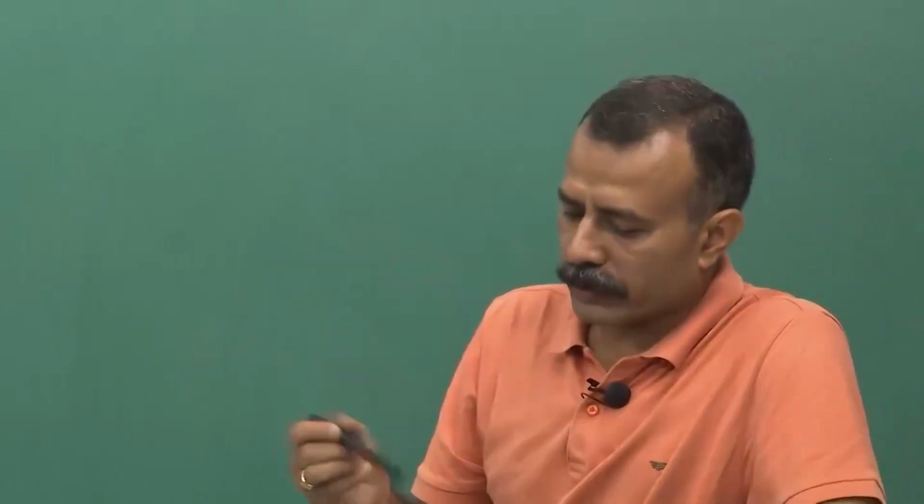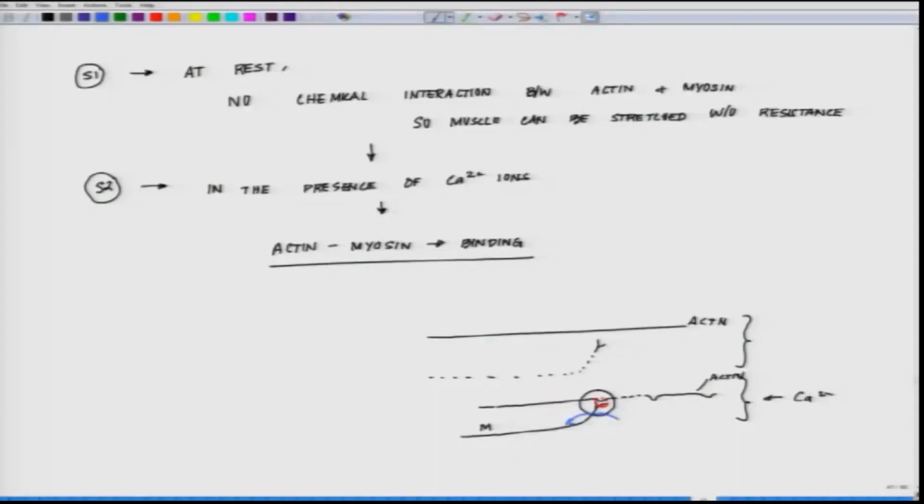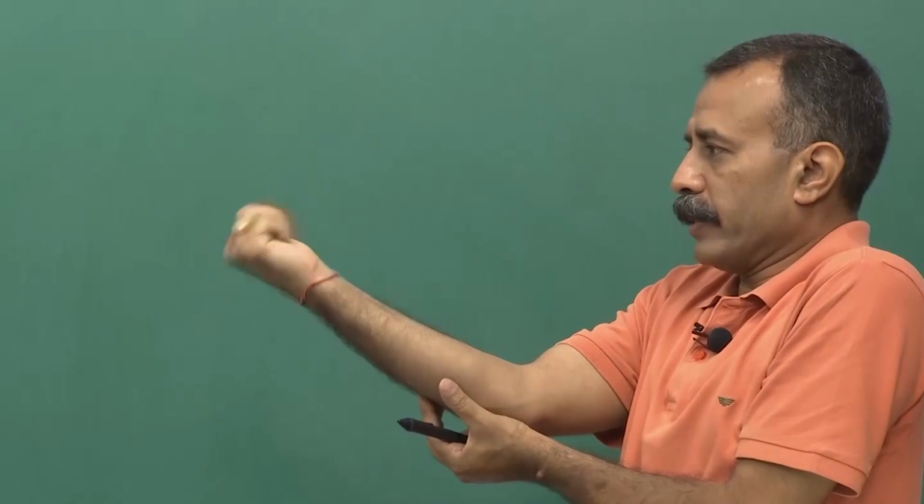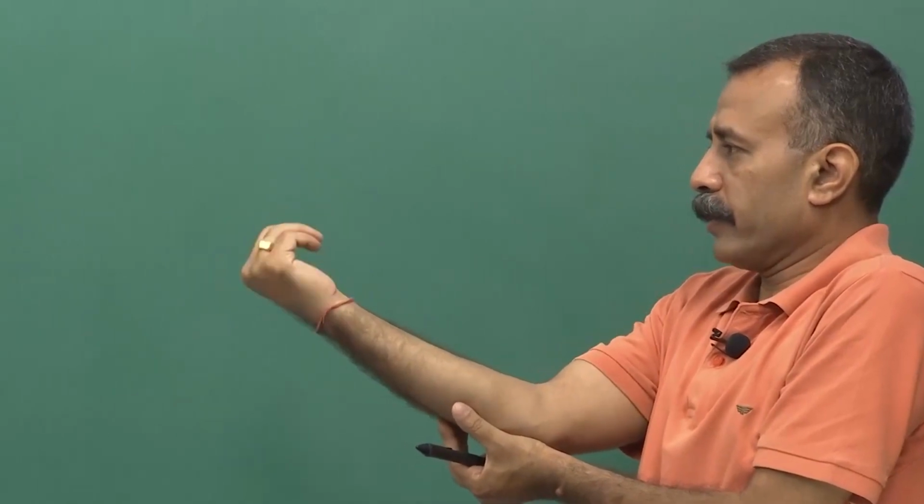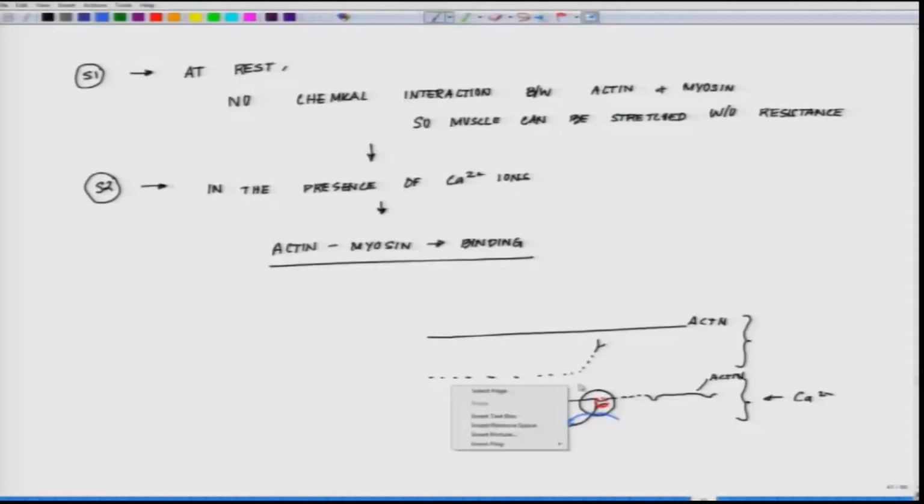So, what will happen is that while I am pulling this myosin filament, because its head is moving like this, it will pull the actin filament along with it, once again actin filament along with it, and this is an energy intensive process.